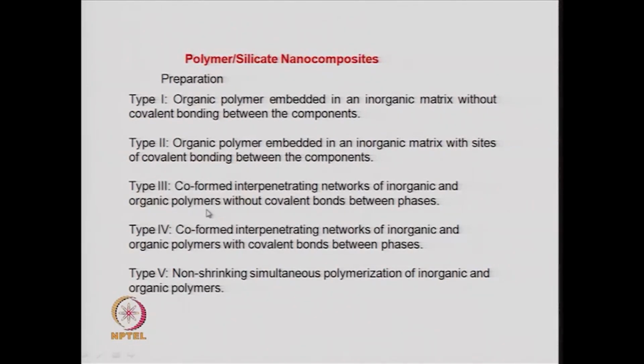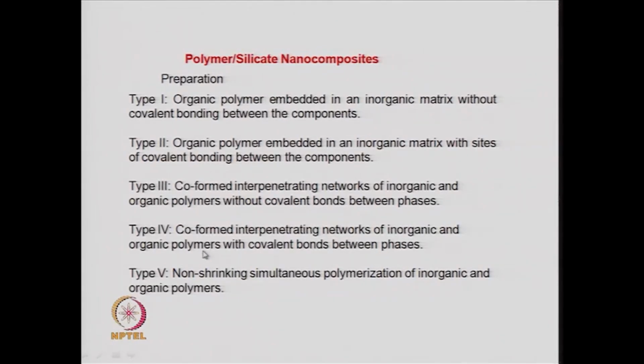Similarly, there is another class of polymer silicate nanocomposites, where you have co-formed interpenetrating networks of inorganic and organic polymers without covalent bonds between phases. Then you can also have the other way, where you have covalent bonds between the phases of the interpenetrating networks of inorganic and organic polymers.